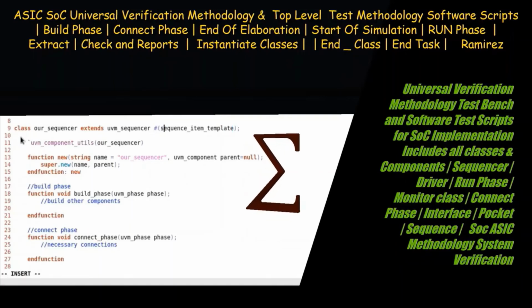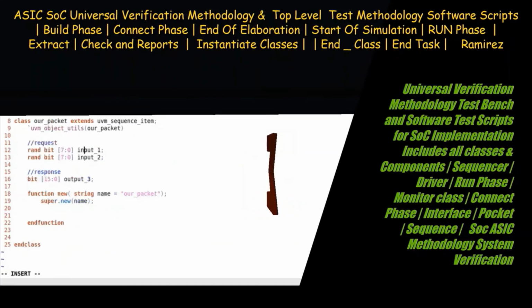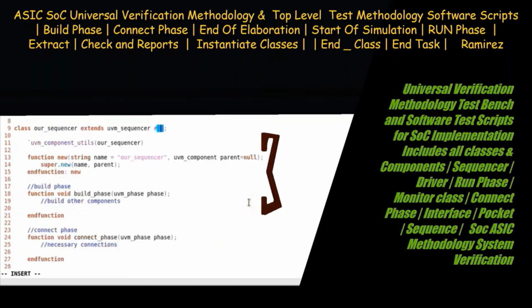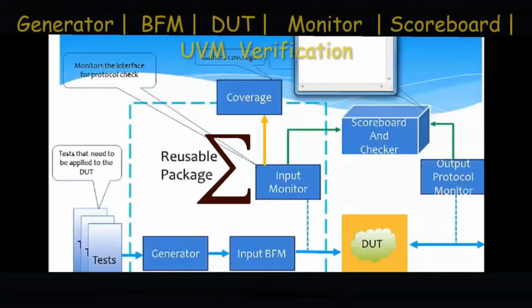The build phase and physical connection of all components are done through the test generator, and the sending of the packets to the BFM is the most time-consuming part of the verification process.